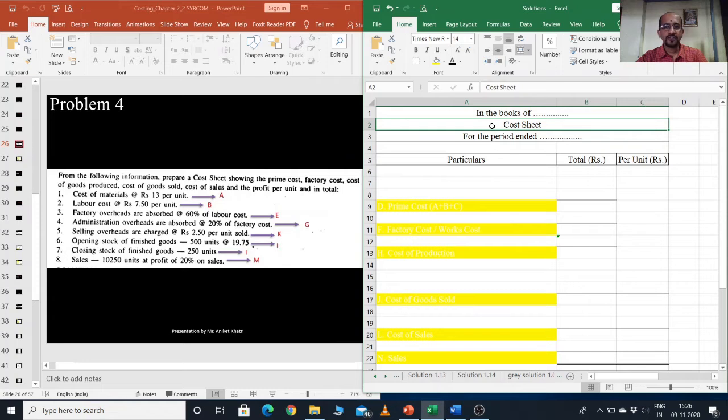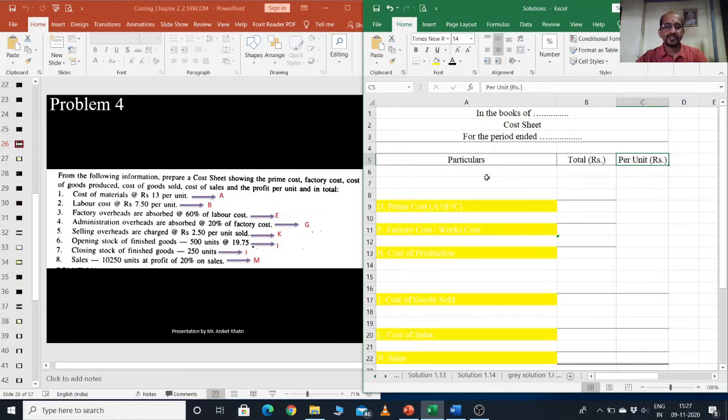Next you need to write cost sheet, then for the period ended. The particular period is again not mentioned in this problem. Columns are there: particulars, total rupees and per unit rupees.